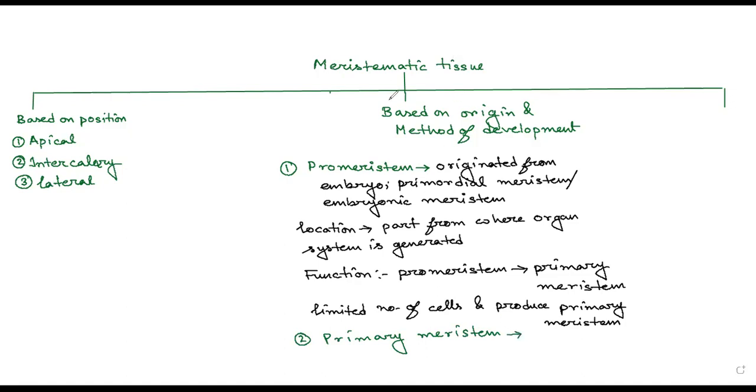They always originate from promeristem at the embryonic stage, and help in primary growth.